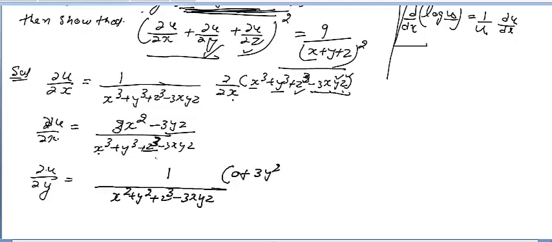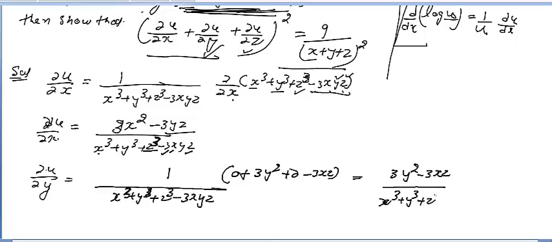Derivative of z cube with respect to y, because when we are finding the derivative with respect to y, x and z will be constant, so you will get 0. Now here 3 is constant, x is constant, z is constant. Derivative of y with respect to y is 1. So you will get minus 3xz. So you will get 3y square minus 3xz upon x cube plus y cube plus z cube minus 3xyz.